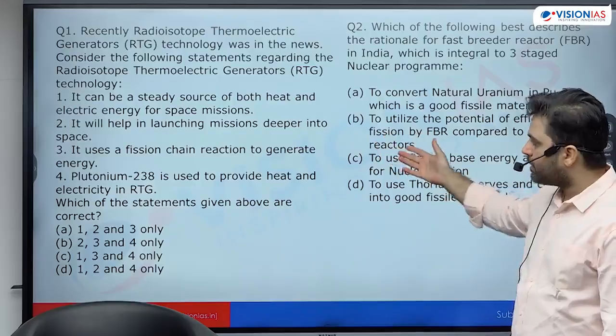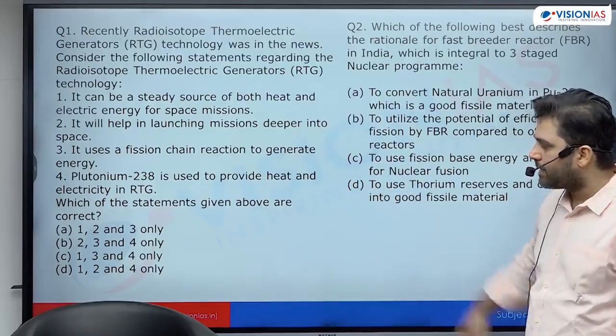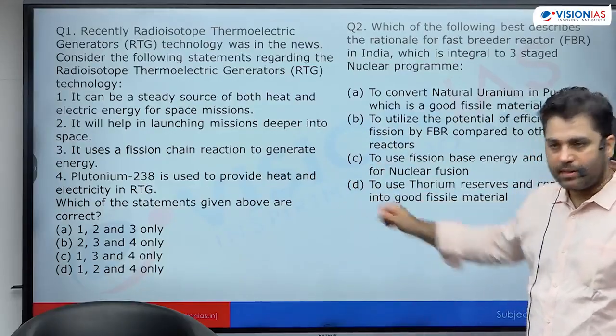Second, launching missions deeper into space. That is also true. And fourth is also true: Plutonium-238 is used to provide heat and electricity in RTG. 1, 2, and 4, answer is D here.